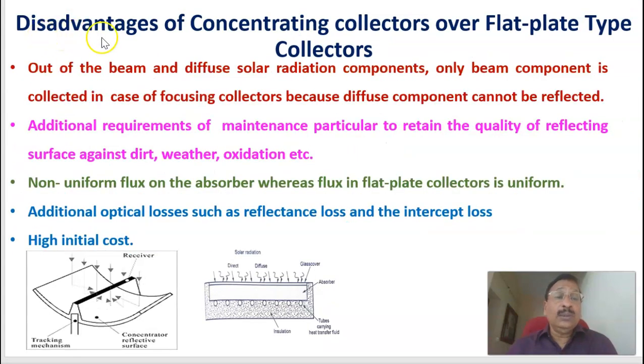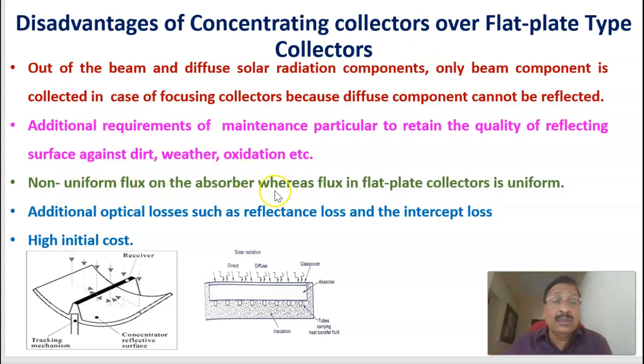If you look into the disadvantages of concentrating type collectors over flat type collectors: out of the beam and diffuse solar radiation components, only the beam component is collected in focusing type collectors, because diffuse components cannot be reflected. Another is the additional requirement of maintenance, particularly to retain the quality of the reflecting surface against dirt, weather, and oxidation.